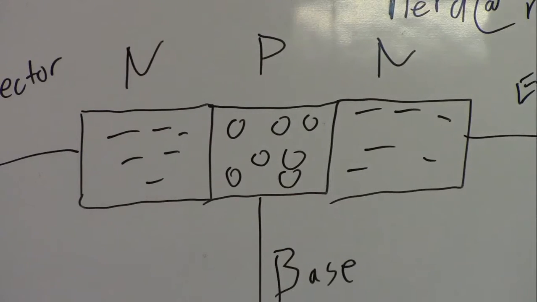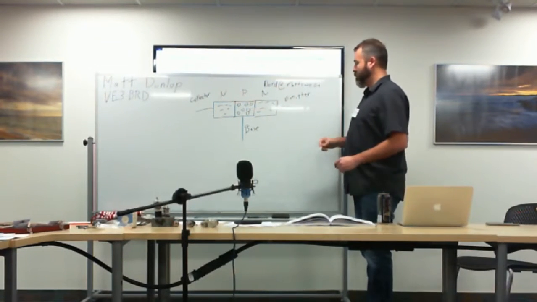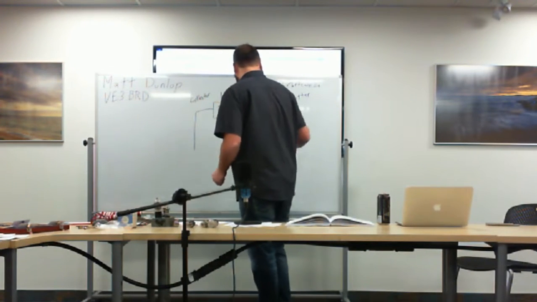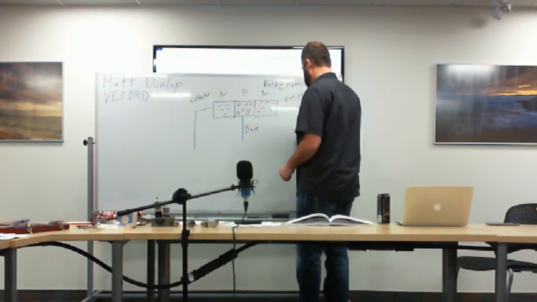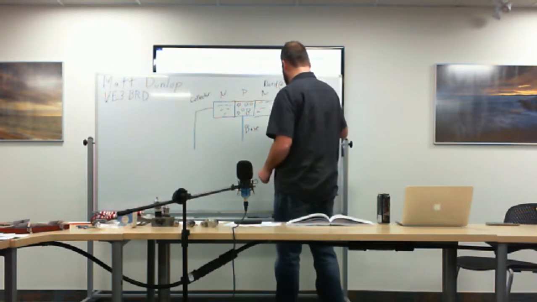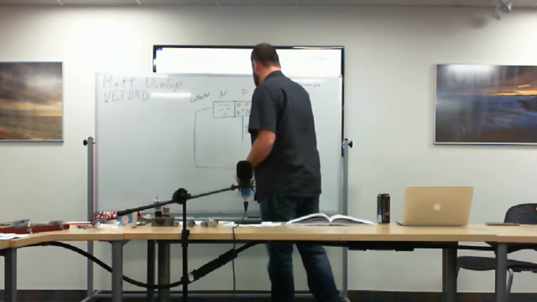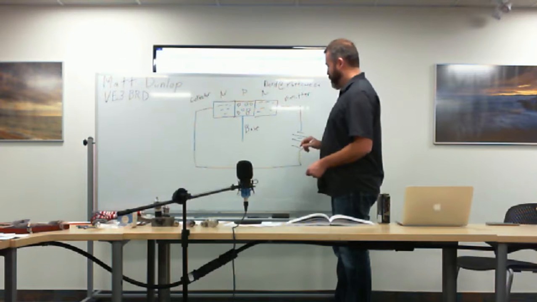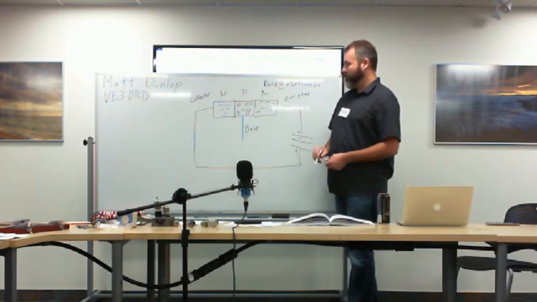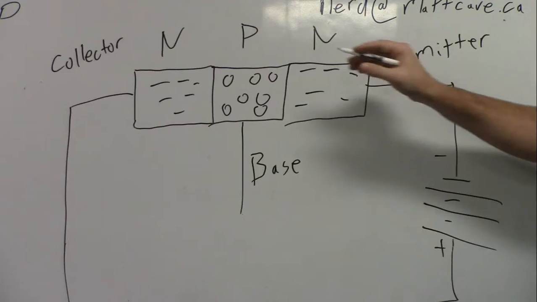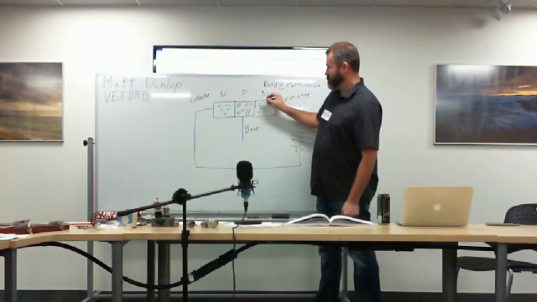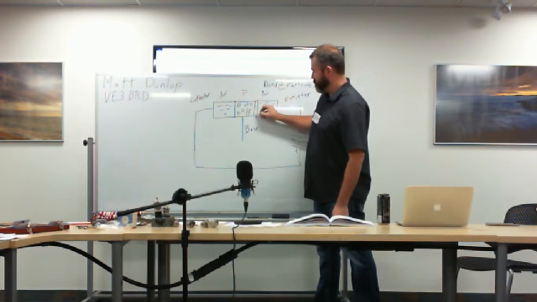Now, if we hook up a circuit to this, let's say, if we hook up circuit positive, negative, what happens is, again, before we even hook this up, getting ahead of myself again, without power connected to it, it creates two depletion zones automatically.